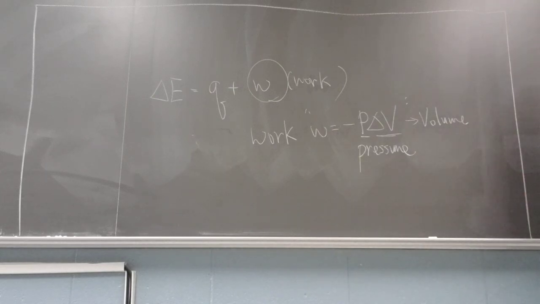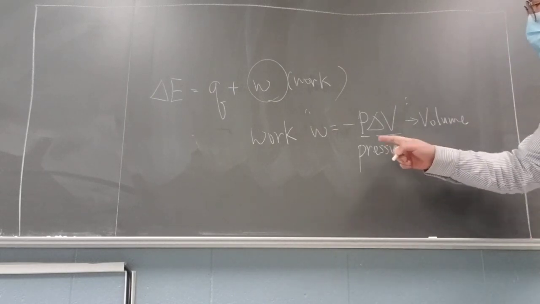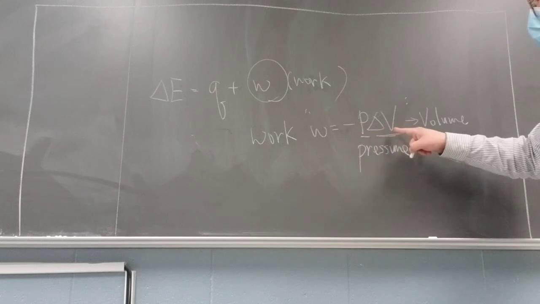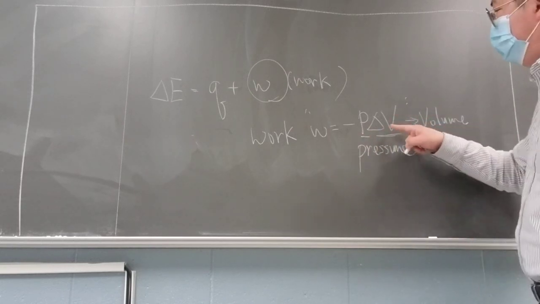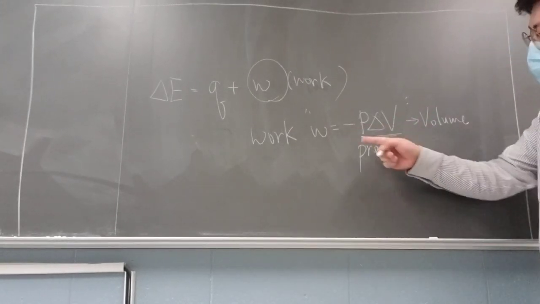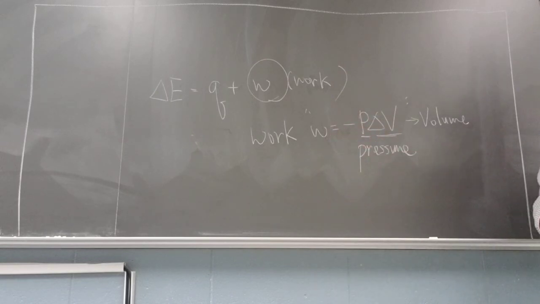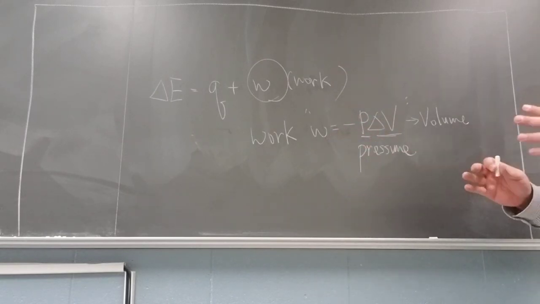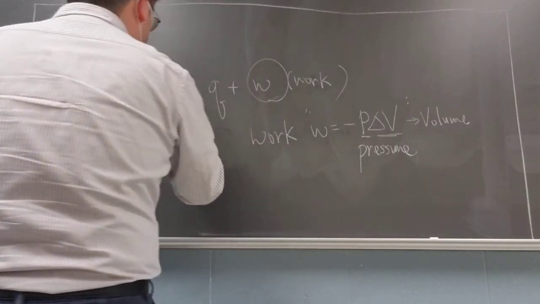So we just multiply pressure by the change in volume, and the negative sign is there too. I'll explain why it is this way. So try to remember this one.